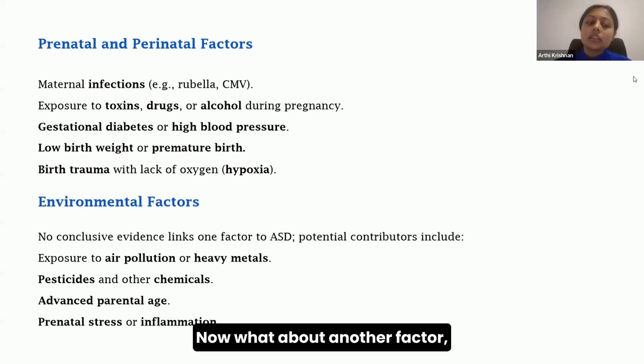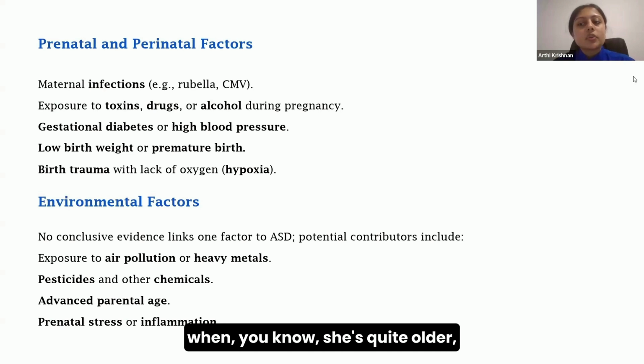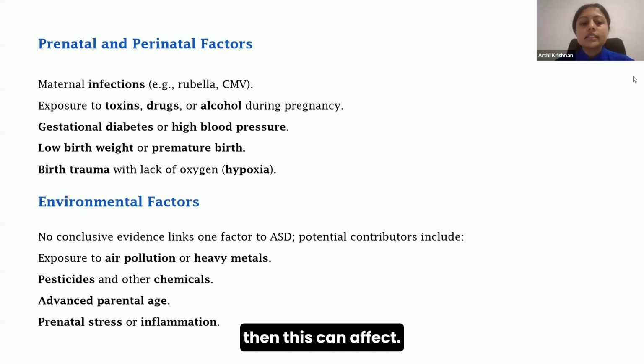Now, what about another factor? Advanced parental age. Let's say the age of the mother during pregnancy is quite older, then this can affect. But this does not mean that if the mother is older, it will surely cause autism. This is just considered to be a risk factor. And what about prenatal stress or inflammation?